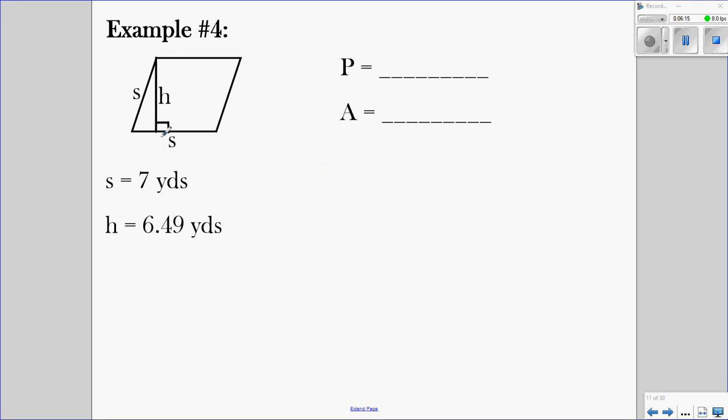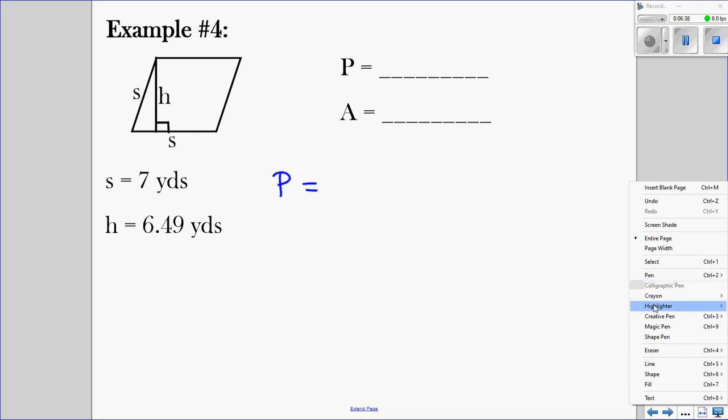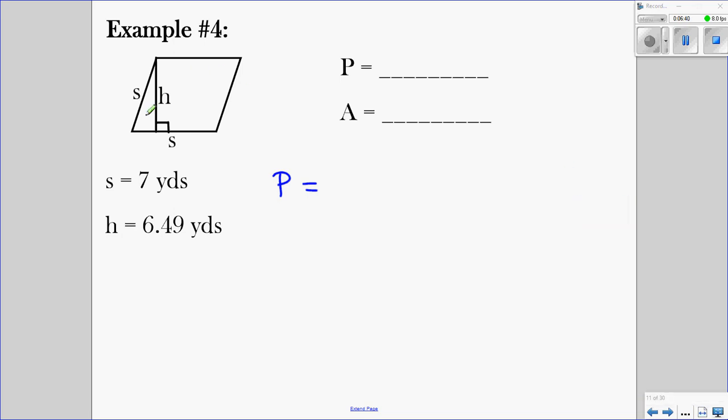All right, so this, we have a shape, since there's s and s, this is a square. Well, actually it's not a square, it's a parallelogram, but it would be a rhombus because the sides are all the same and it's tilted. In this case, we're looking for the perimeter, so that means we're just adding up all the sides. And again, I'm going to do that highlighting so that you do not add the height when it comes to the perimeter.